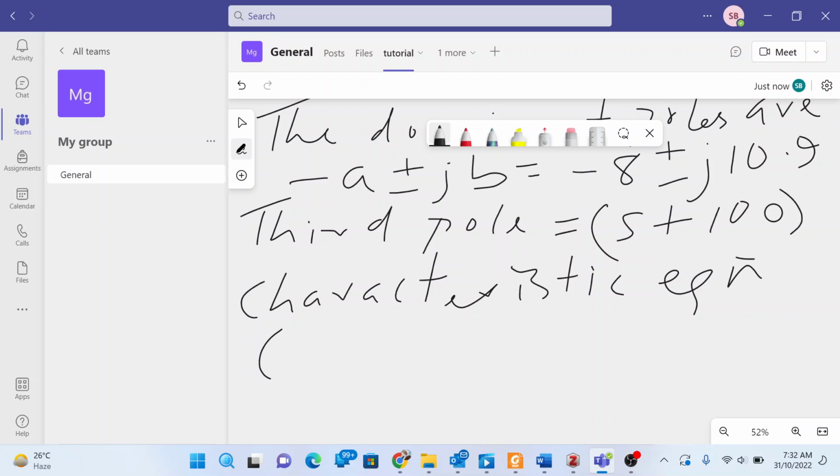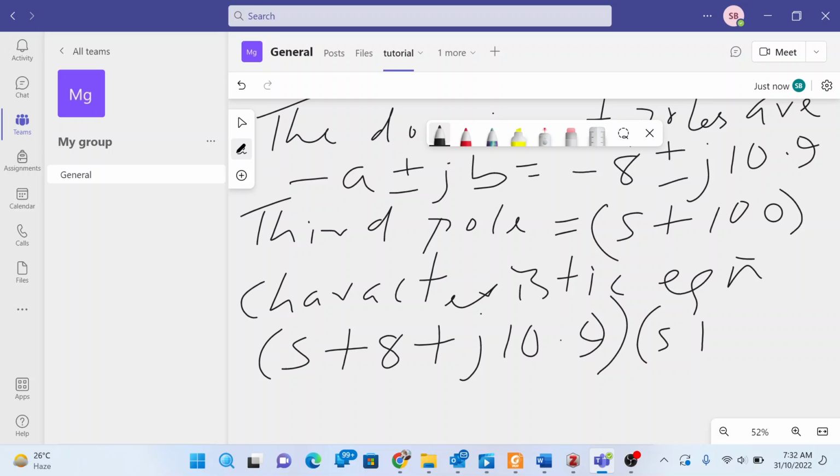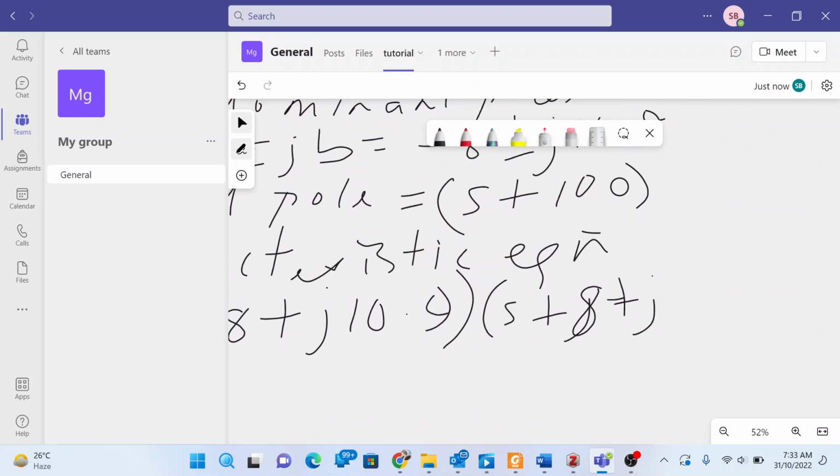It's going to be S plus 8 plus j10.9, then S plus 8 minus j10.9, right?